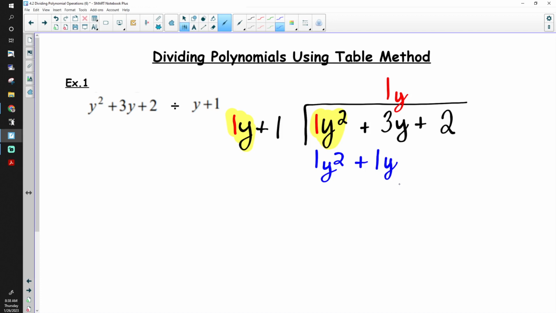We figured out how many times it fits into the first 2 terms. It fits in 1y times. And then we take that term and we multiply it. And if you look back to that long division problem we did, then we subtract. Okay, now parentheses are very important here. You're going to put parentheses around it. And you're going to put a minus out front. We're going to subtract.